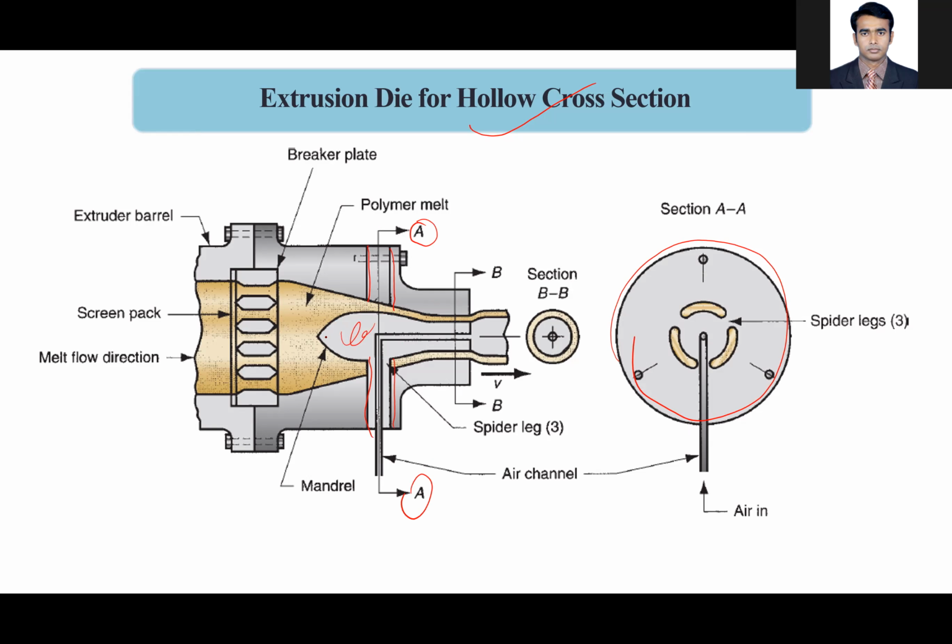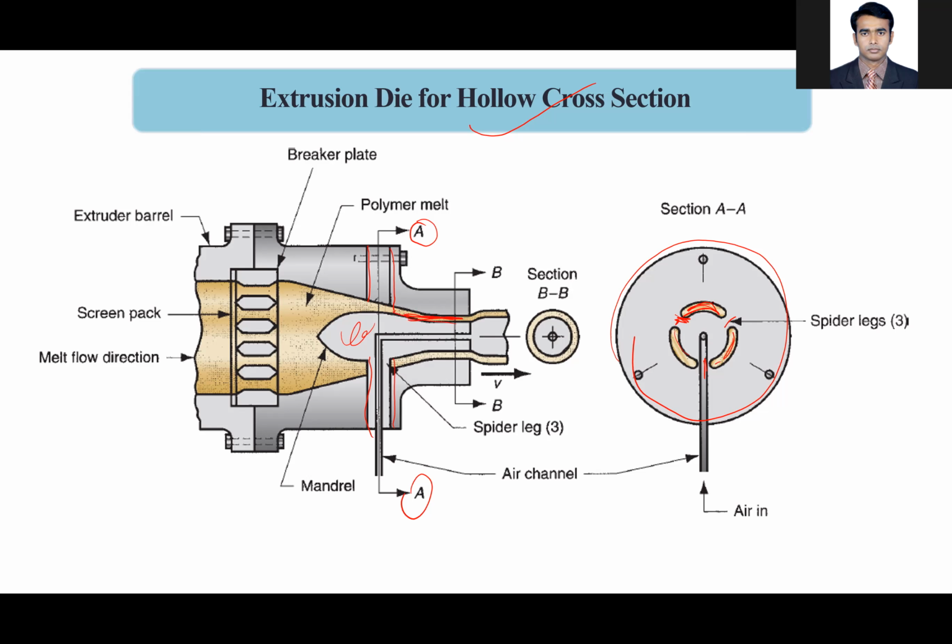The mandrel separates the material and distributes it around this periphery. If you look at the cross section, the metallic plate is here and here. The material comes out of this plate through these three fragmented parts, and then they combine again from this place to this place.